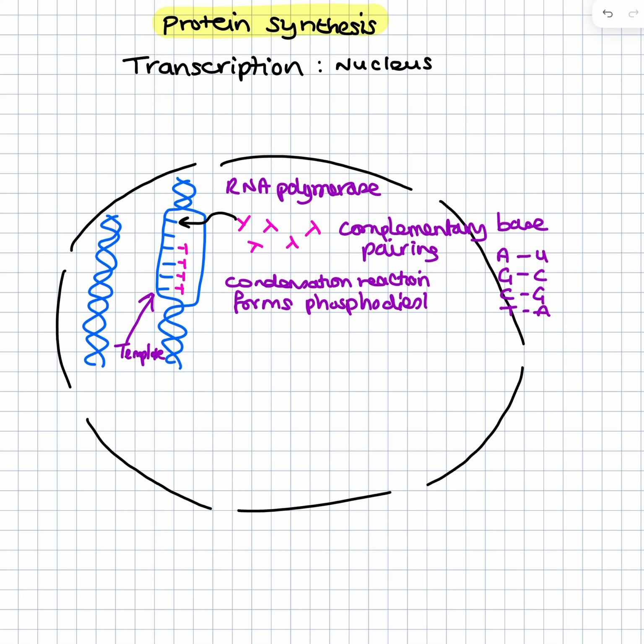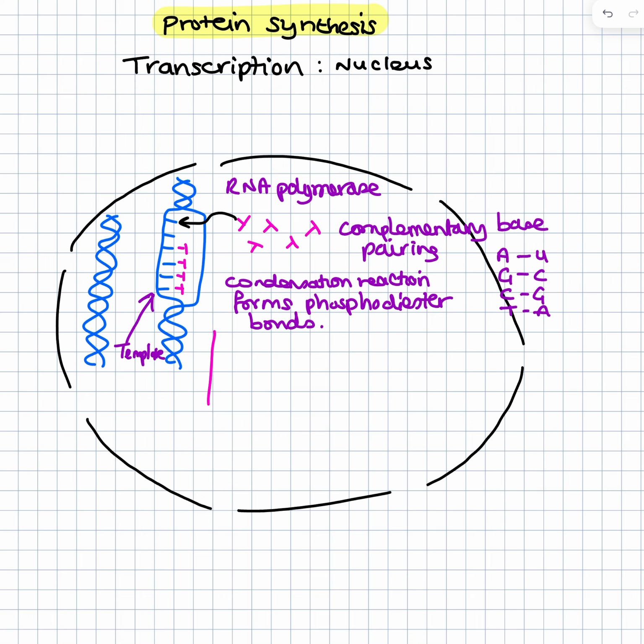This makes the sugar phosphate backbone. So our RNA polymerase has had 2 roles: binding at the start of the gene to unzip and catalyzing the formation of the phosphodiester bonds to join the nucleotides.